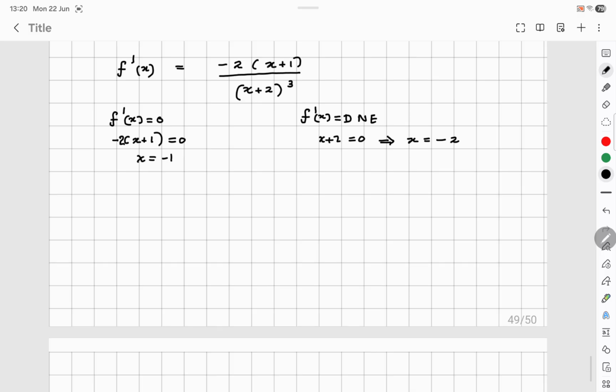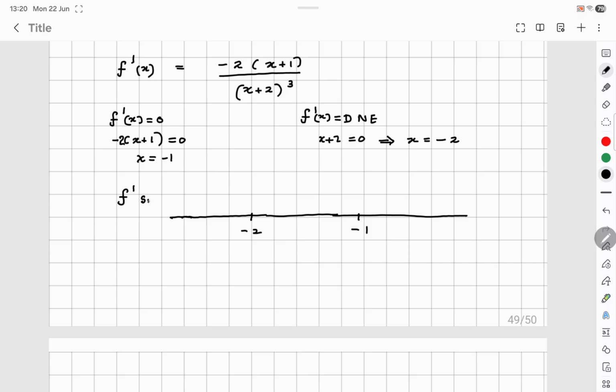So now we can find increasing and decreasing intervals. I can break the number line into 3 sections, no? Before minus 2, between minus 2 and minus 1, and after minus 1. So we need to check the derivative sign.